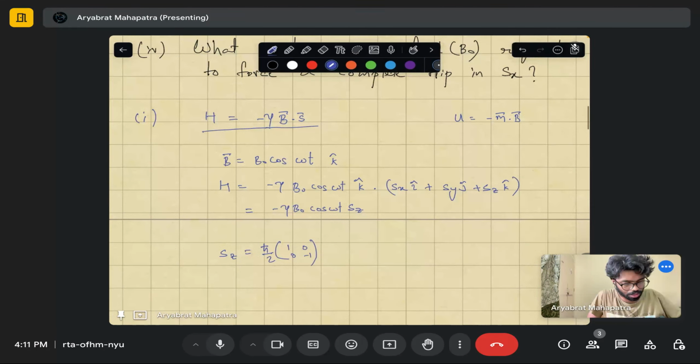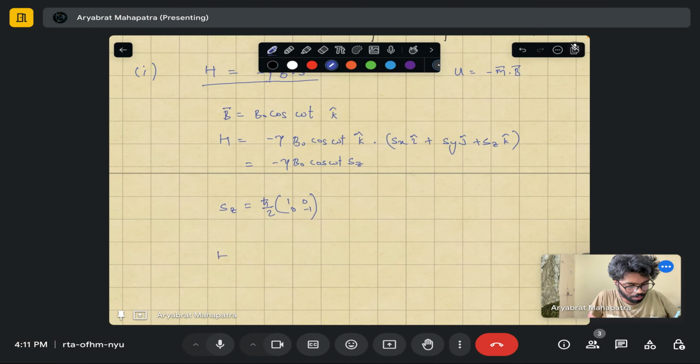So using that, we have the Hamiltonian, minus gamma B naught cos omega t, and we also have h bar. So we can put h bar over 2 times the matrix 1 0 0 minus 1.